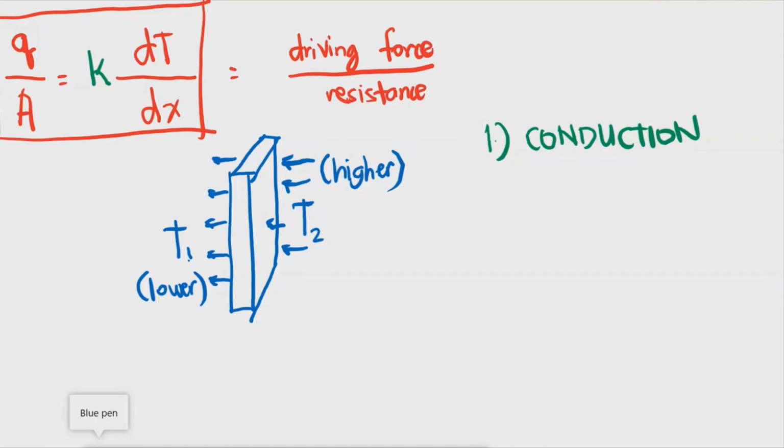Okay, and then number 2 we have convection, or in your module it is written as convective heat transfer, because there are a lot of cases of convection, so it must be generalized, but for the sake of writing it easier, let's just use convection.